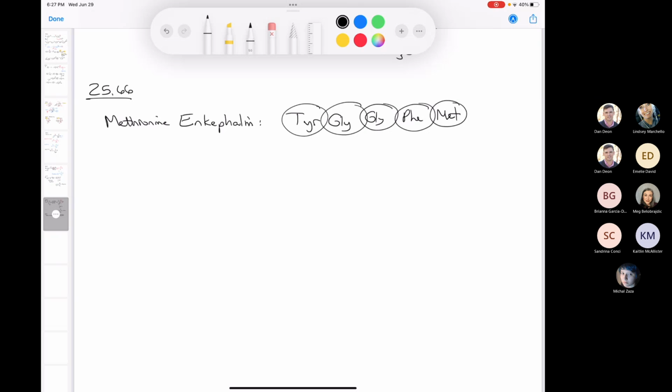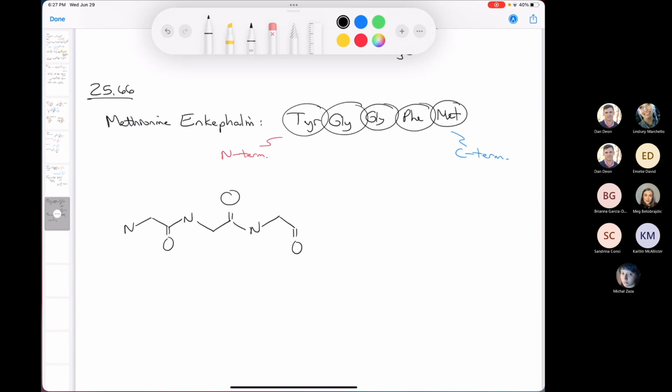So we're going to follow the same steps that we did in the lecture. We're going to start with our N-terminus because our N-terminus is on the left-hand side, and our C-terminus is on the right-hand side. So we're going to write N-C-carbonyl, N-C-carbonyl, N-C-carbonyl.